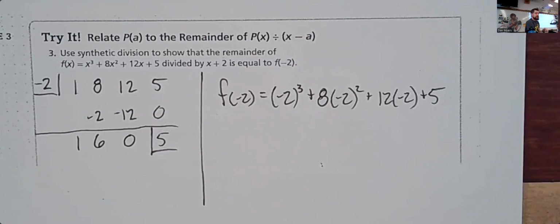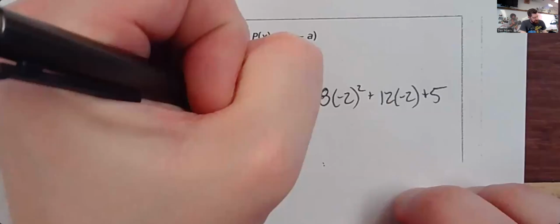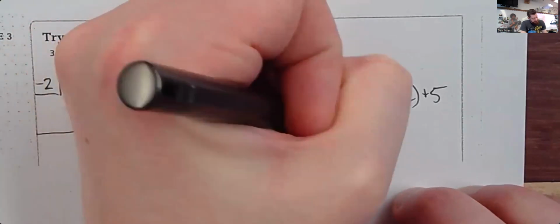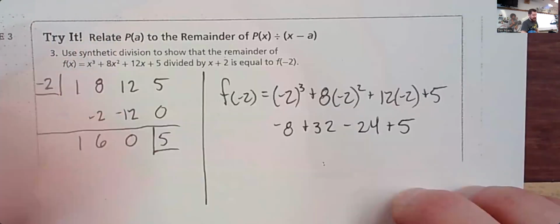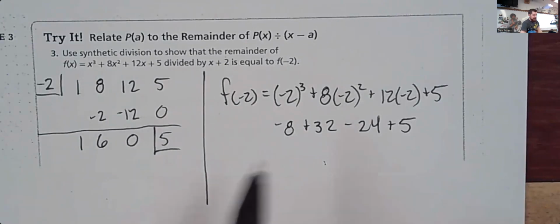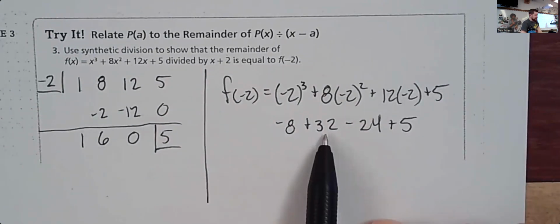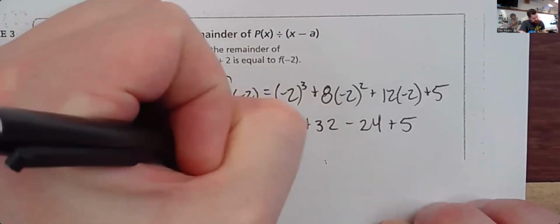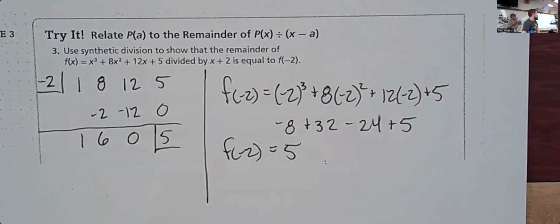So synthetic division is not only a relative shortcut for division, it's also a relative shortcut for figuring out a value of Y for a given value of X in a function. So let's see, that's -8. That'll be plus 32 minus 24 plus 5. That's -32, that's 32, those cancel, 5 is the answer. So f of -2 equals 5. Ends up being the same thing either way.